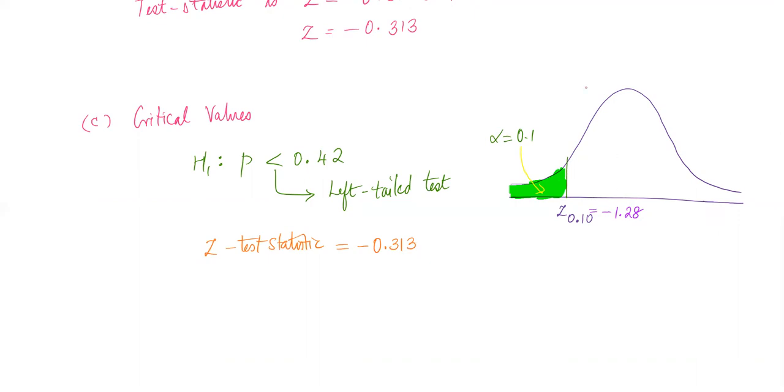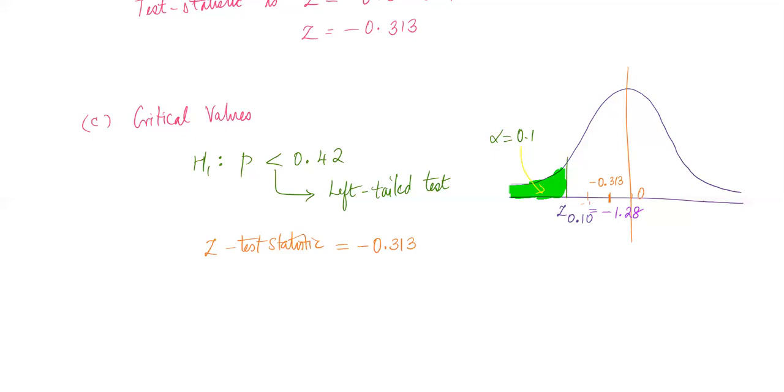For perspective, this is z equals 0, on the z scale. So the z test statistic is going to be somewhere there. Maybe negative 1 is somewhere here. So negative 0.313 is over there, which is outside the green shaded region.